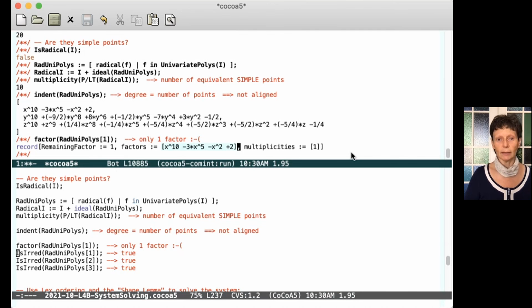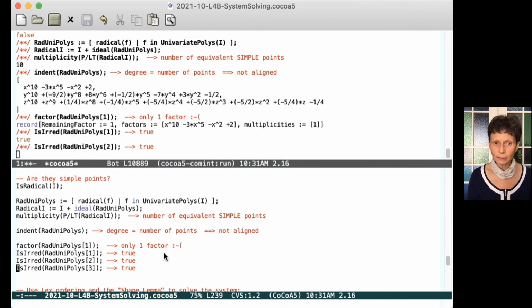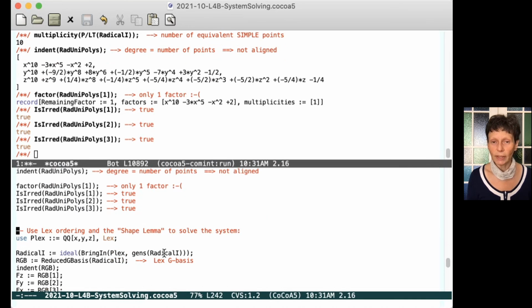Here, what I have is that there is just one factor, and it is the polynomial itself. And that means that these 3 polynomials, all 3, are irreducible over the rationals, because CoCoA makes exact computations. So the factorization is over the rationals.